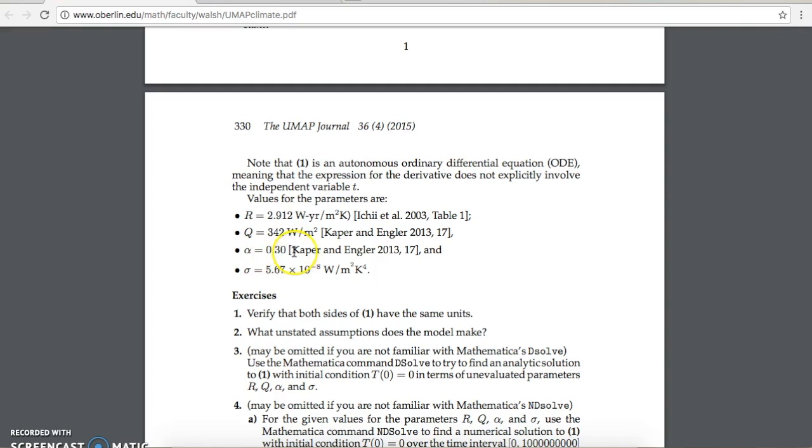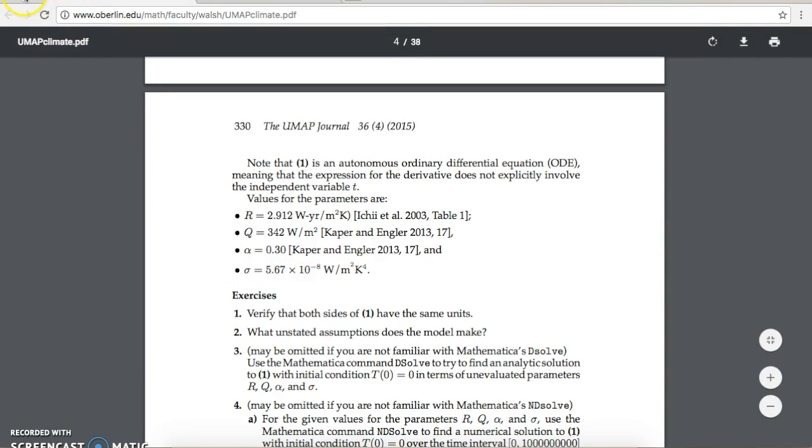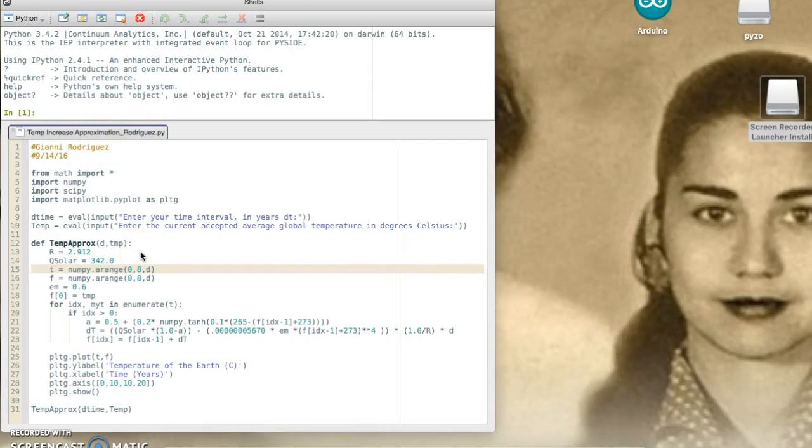The albedo here, alpha, is 0.3, but later Walsh gives an example of how to make the albedo, the reflectivity, dependent on temperature, because as you know, as global temperatures rise, the reflectivity of the Earth will change as ice glaciers are melting and more non-reflective land is being exposed. And then the Stefan Boltzmann constant, like I said, is constant everywhere. So it's 5.67 times 10 to the negative 8. So going back into my climate model, you can see that I've already input these values here into my main code.